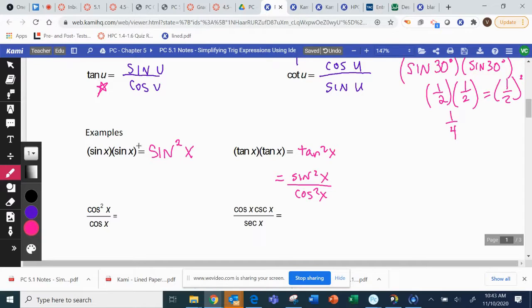Good. Tangent x is sine x over cosine x, and we're doing that twice. So multiply straight across, we get sine squared x over cosine squared x.